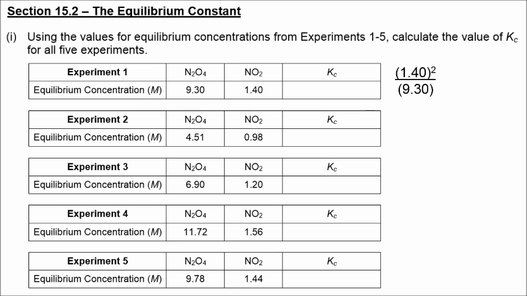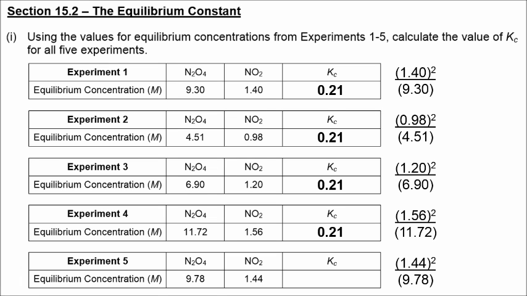So 1.4 squared divided by 9.3, 0.98 squared divided by 4.51, 1.2 squared divided by 6.9, and as you can see in all 5 of these expressions, each experiment had very different numbers in terms of the concentrations of reactants and products, and yet we get the same value for the equilibrium constant, 0.21, in all 5 experiments.